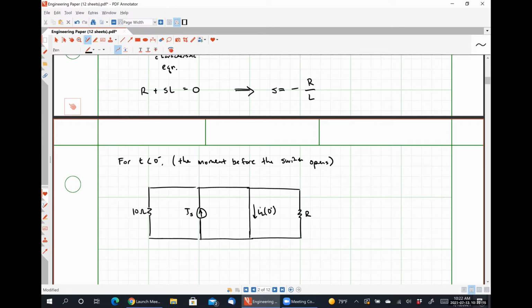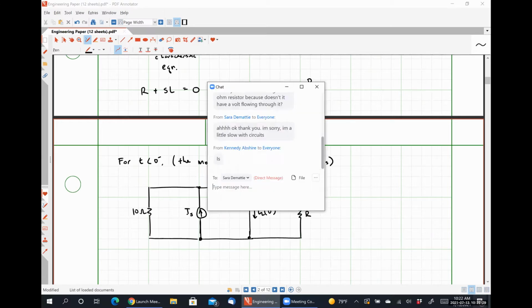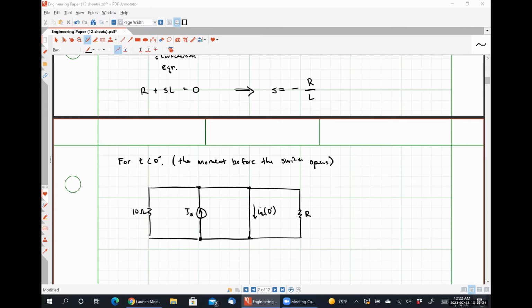Who can tell me what the answer is? Or how we'd go about solving for it? The answer is IS. That's absolutely correct. IL at 0 minus is simply IS.